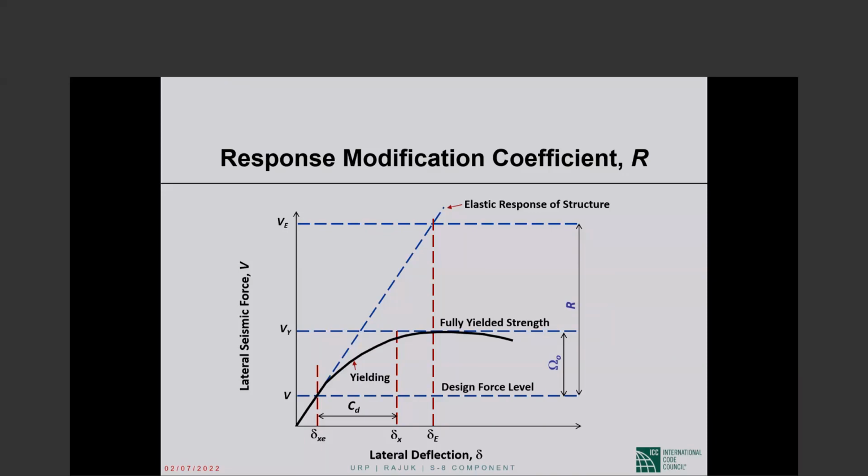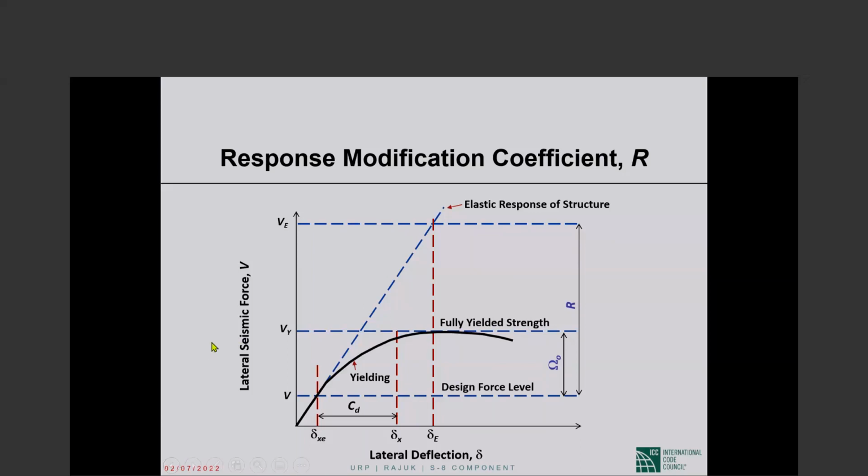Okay. So let us look at this picture where I have drawn the force displacement relationship of a particular structure subject now to the design earthquake of BNBC 2020 or ASCE 7. So one structure subject to the design earthquake of the code.